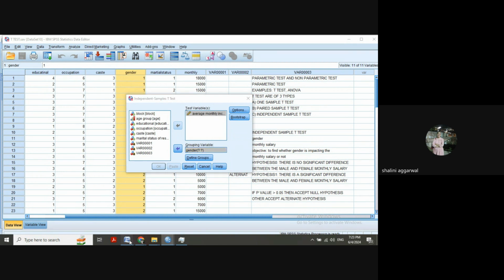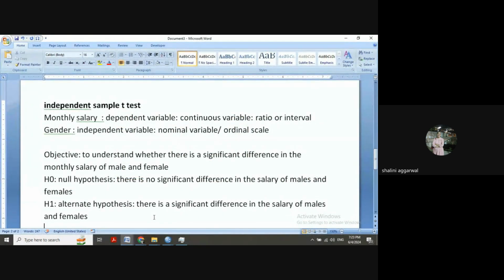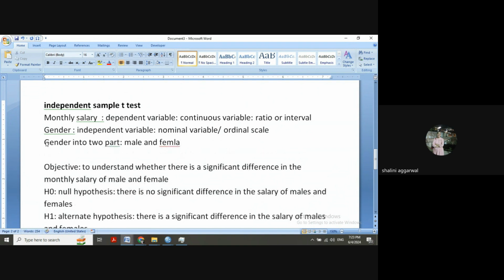Acha, let me tell you one more important thing before doing this. You have to understand that gender can be categorized into two parts, that is male and female. Only then it can be applied. Let's say educational qualification. So the person can be primary passed, secondary passed, the person can be graduate, the person can be postgraduate.